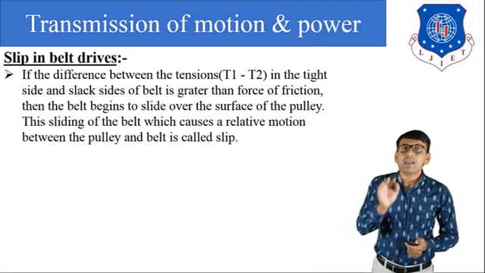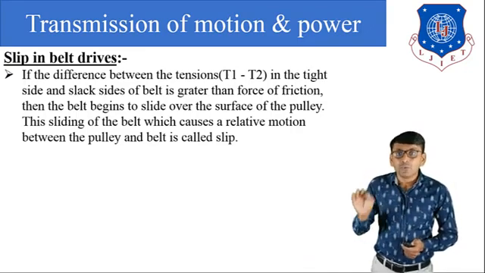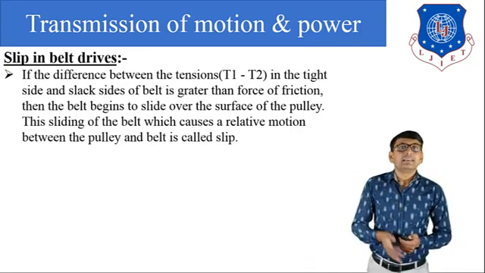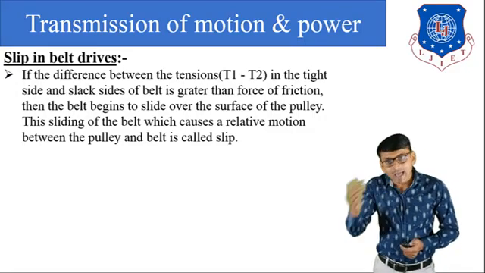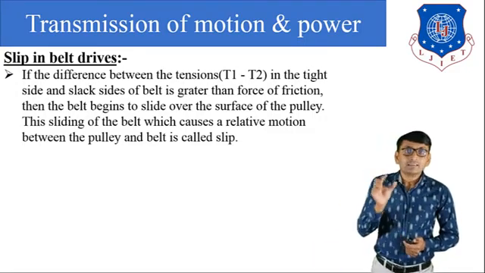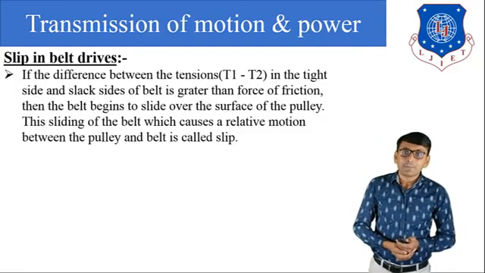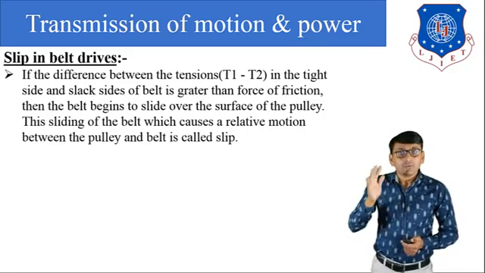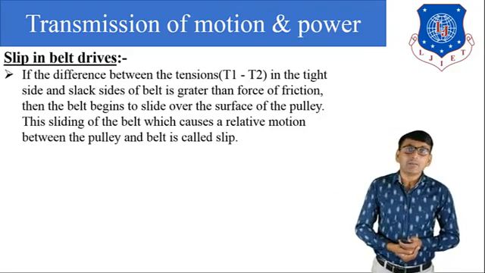This sliding of the belt, which causes relative motion between pulley and belt, is called slip. So when the belt slides on the pulley, this process is called slip in the belt drive, which produces relative motion between pulley and belt.